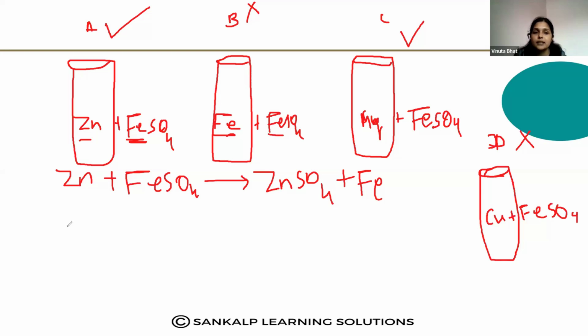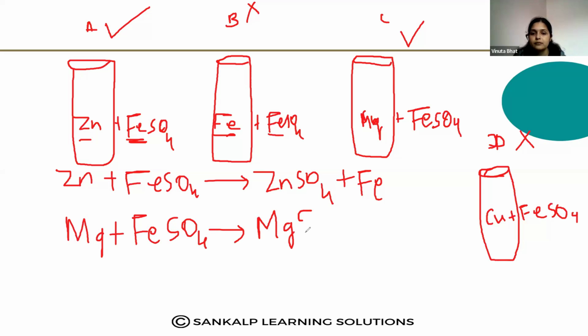In test tube C, magnesium reacts with ferrous sulfate and forms magnesium sulfate plus Fe.